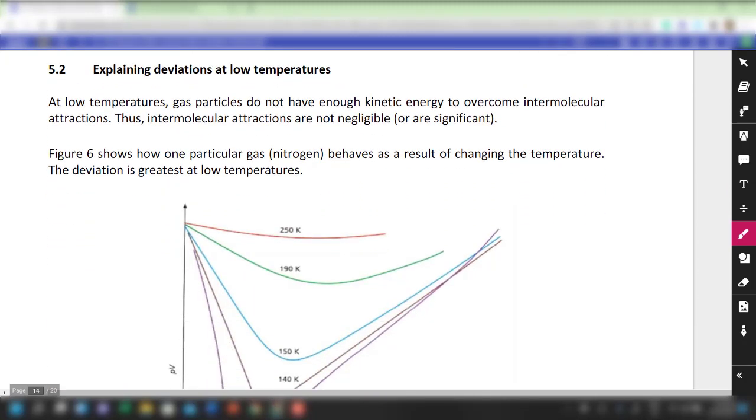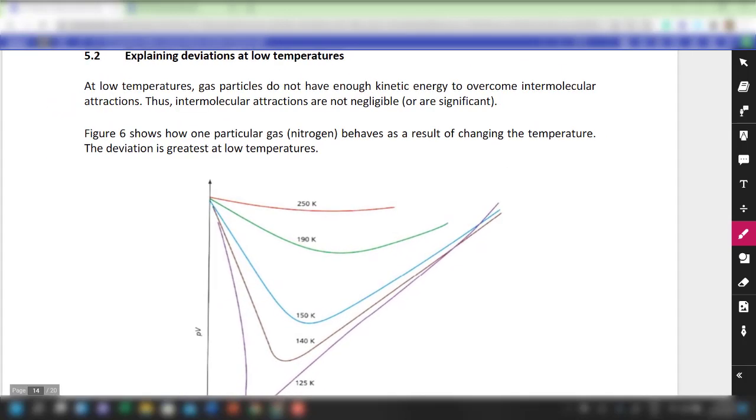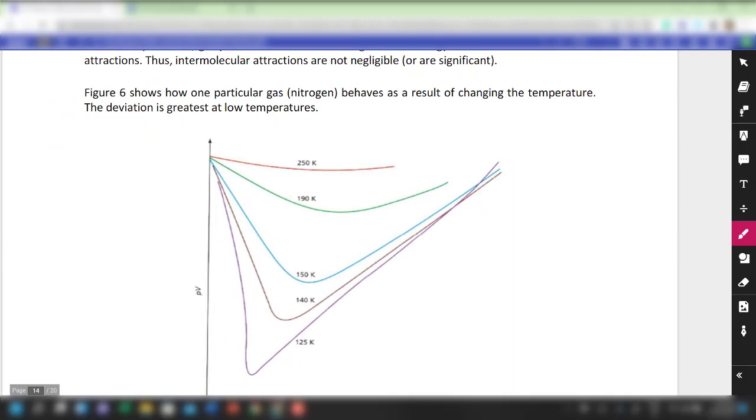In section 5.2, explaining deviation at low temperature, you notice that for a gas such as nitrogen, the lower the temperature is, the more it deviates from ideal gas behavior. Of course, you have to assume that it hasn't liquefied or turned into a solid. We can understand why, because as the temperature lowers, the particles have less kinetic energy, so they move less readily.